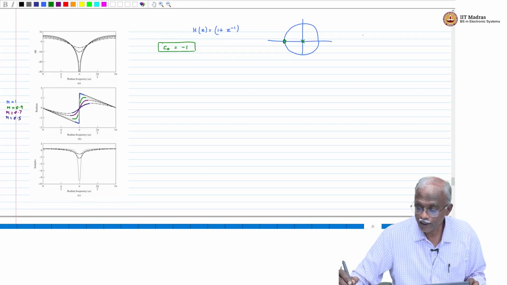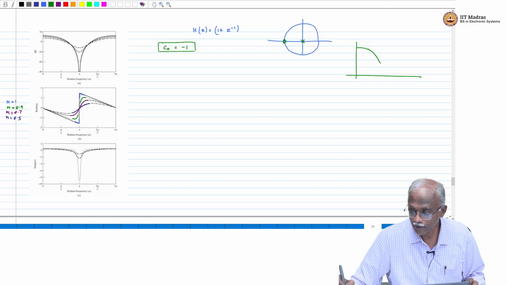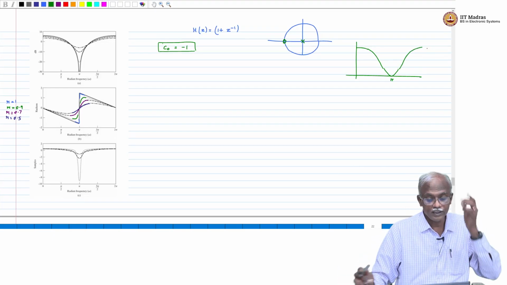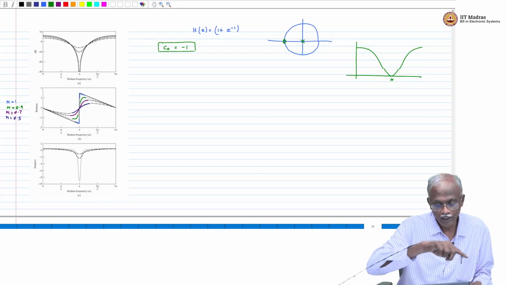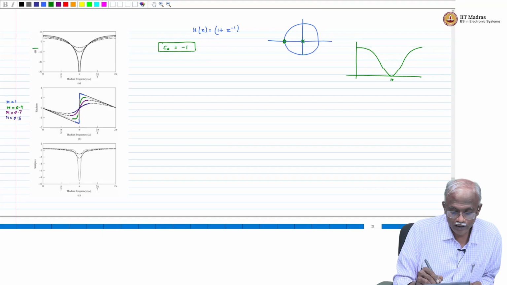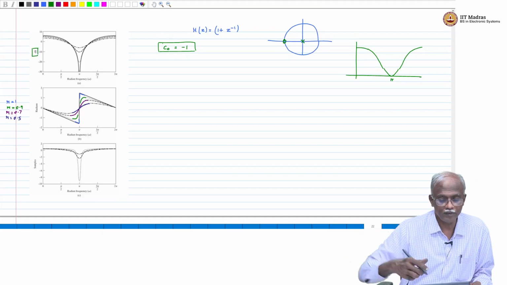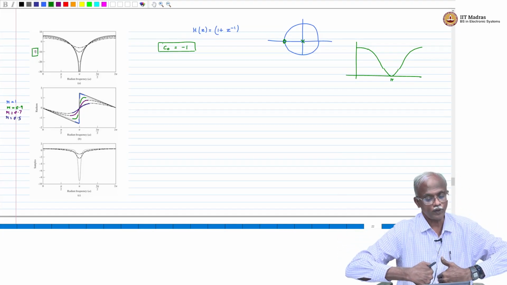If you plot it on a linear scale, it comes down from the maximum value, touches 0 at pi, and then rises again, going back to the maximum value. When you plot it on a dB scale, 0 goes to -infinity, so it becomes a very large negative number. You can see how the magnitude response goes like a waterfall.